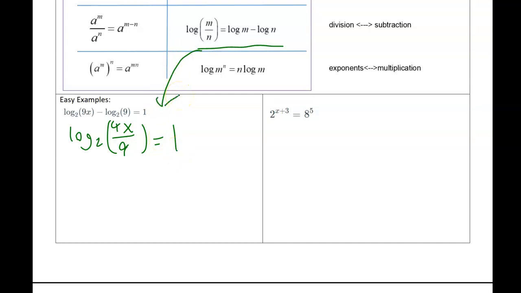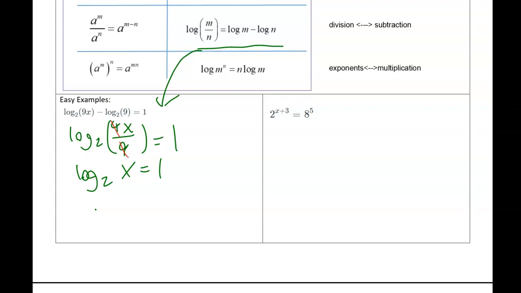And then, well, I can obviously cancel my 9s here. And then I have log base 2 of x equal to 1. And then I need to take an inverse to isolate x. So what's being done to x? Well, it's a log base 2. So the inverse of that, and here's maybe the new thing for you, is raising both sides to the power of 2.